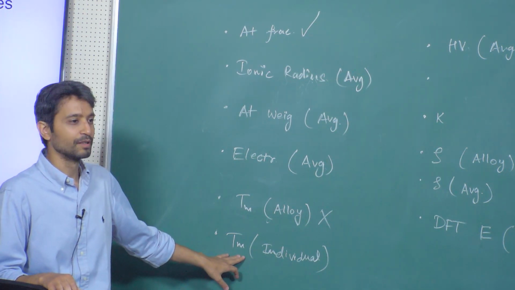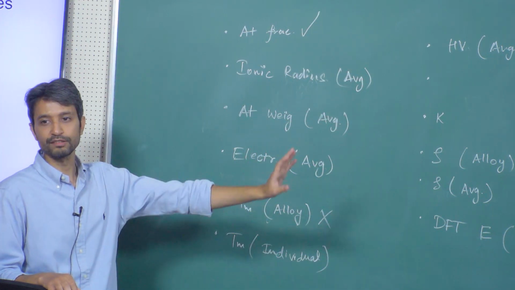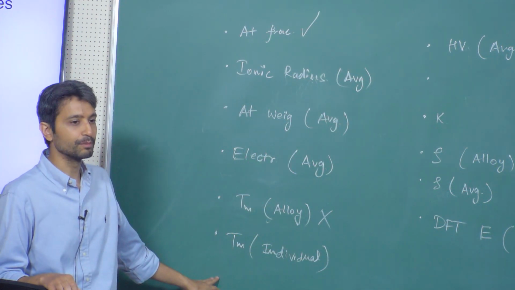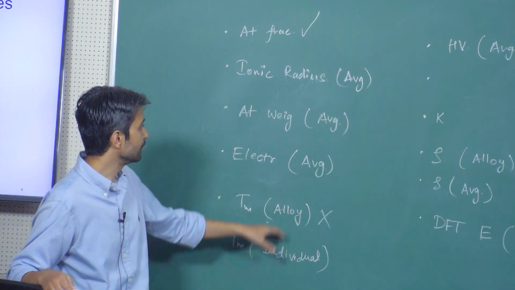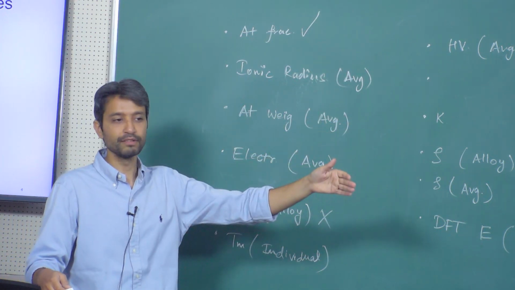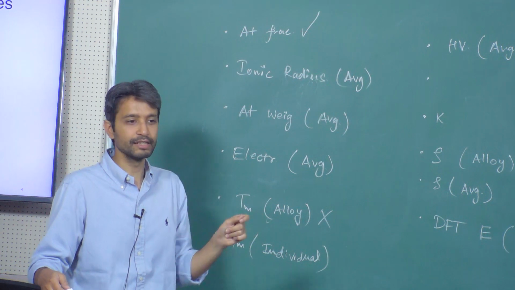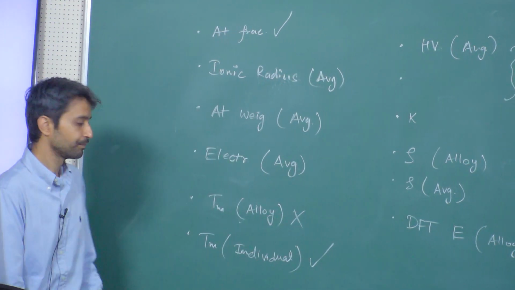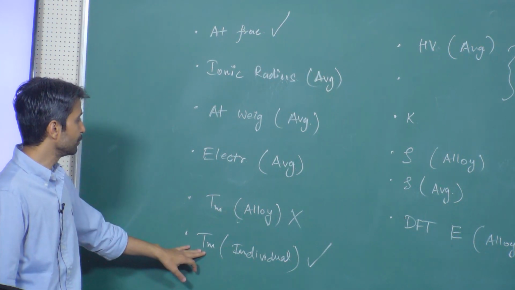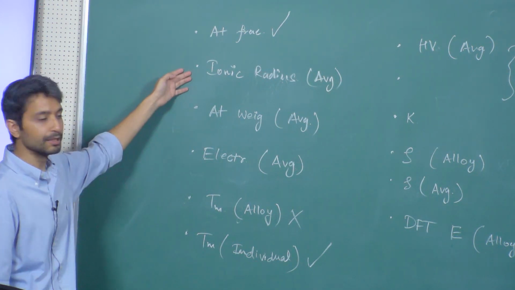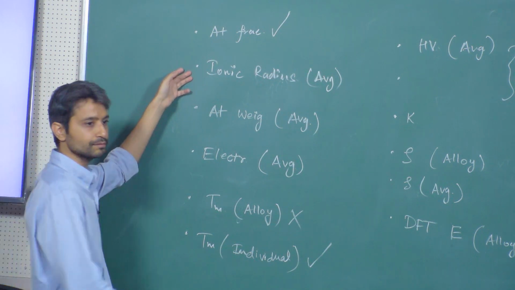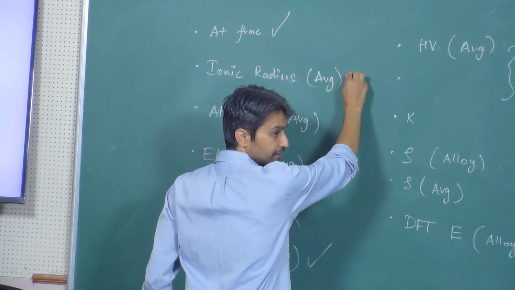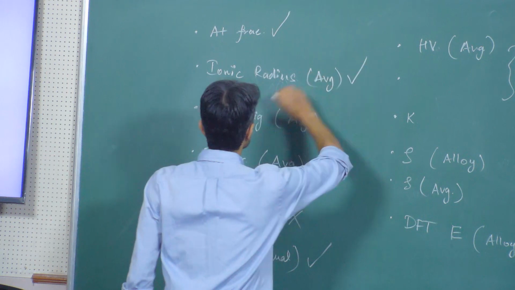So more or less for the alloy cases we are talking about, this information will be available to you, and I can always average them in a composition-weighted manner, or there are a few other tricks to it also. You can do it and then you can use it. Okay. So if I am able to use melting, then I am obviously able to use ionic radius. So this also is a good feature.